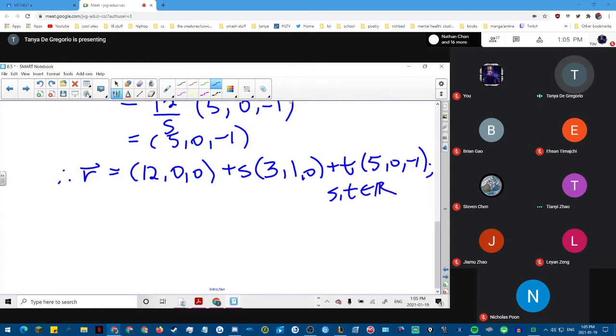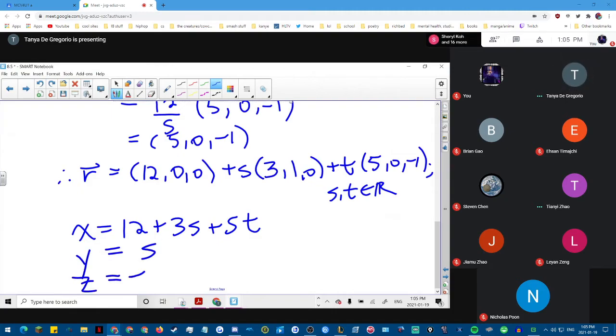So there is your vector equation. Now we want parametrics. So you guys know how to do this. x is equal to 12 plus 3s plus 5t. y is equal to s. And z is equal to negative t. Are there any questions?